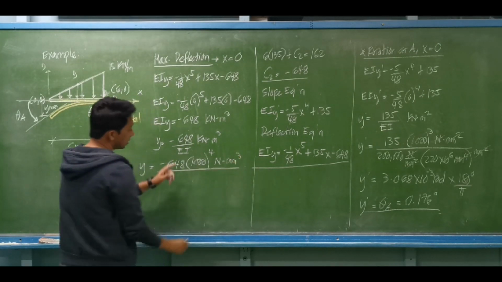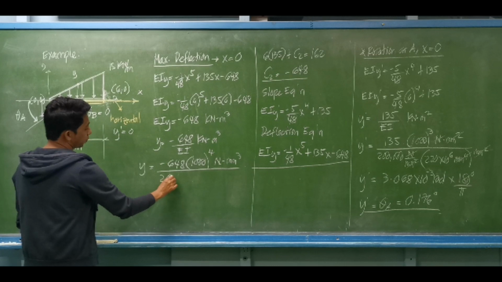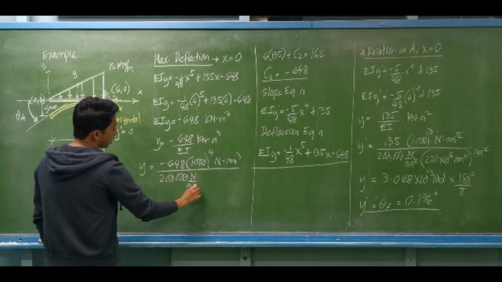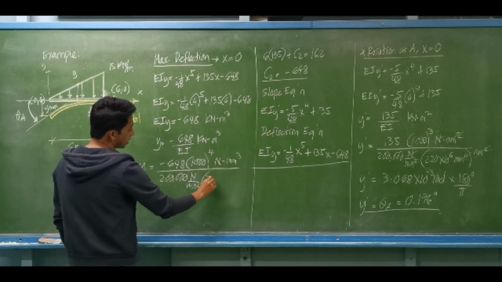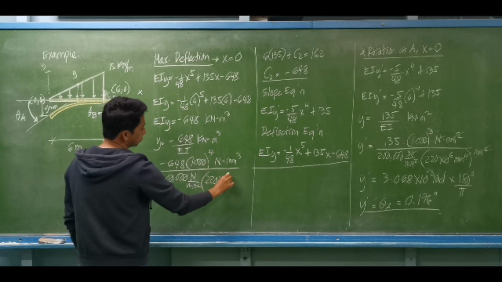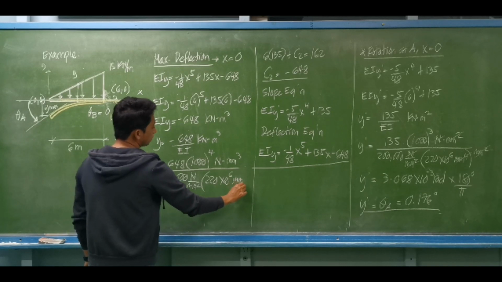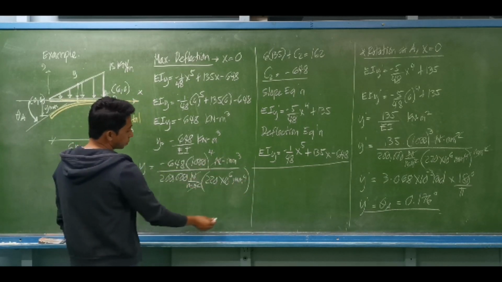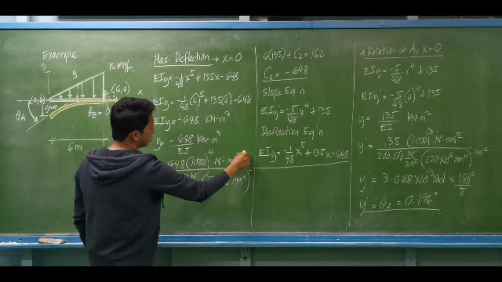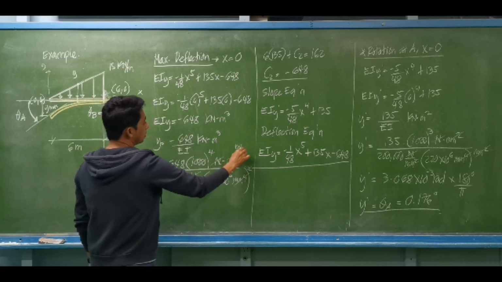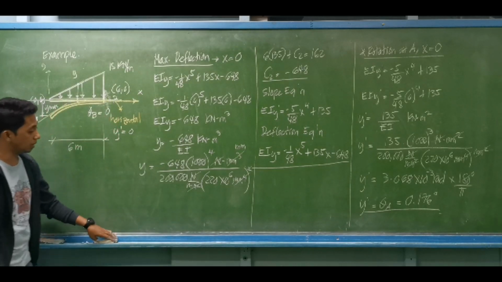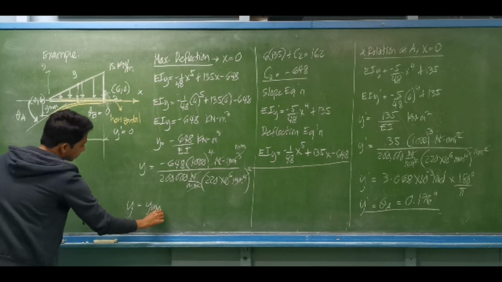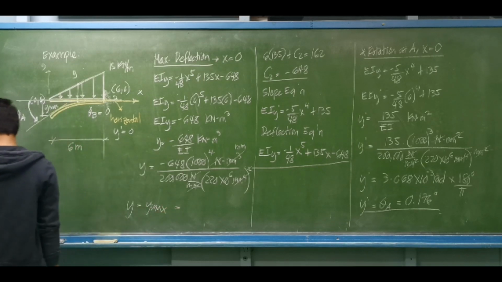This is divided by E, the modulus of elasticity, we have 200,000 megapascals, newtons per mm squared. Moment of inertia given as 220 times 10 raised to 6 mm to the 4th. Again, if you do unit analysis, we have a remaining unit on the numerator as millimeter. So this will be the y max, the maximum deflection.